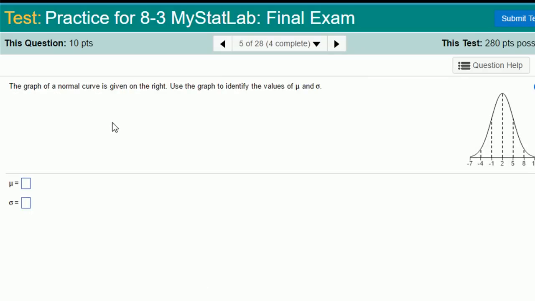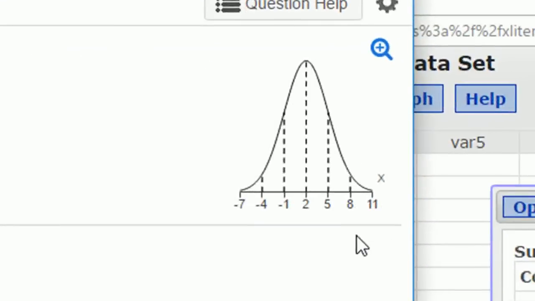The graph of a normal curve is given on the right. Use the graph to identify mu and sigma. So looking at that carefully, you can see the middle of the graph is at 2. That's the mean of the probability distribution. That's what the Greek letter mu represents. And the difference between like how far it is from one of these dotted lines.